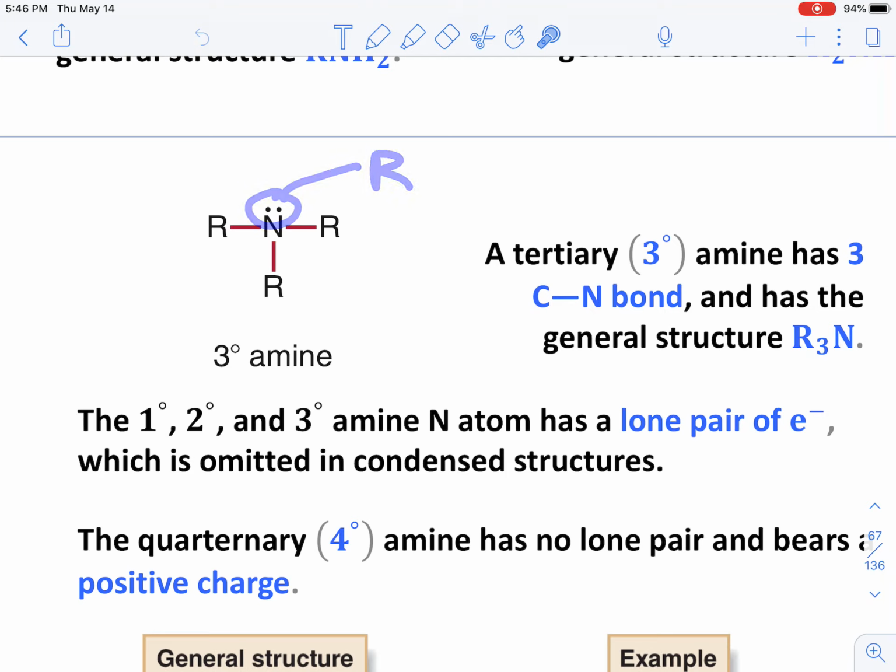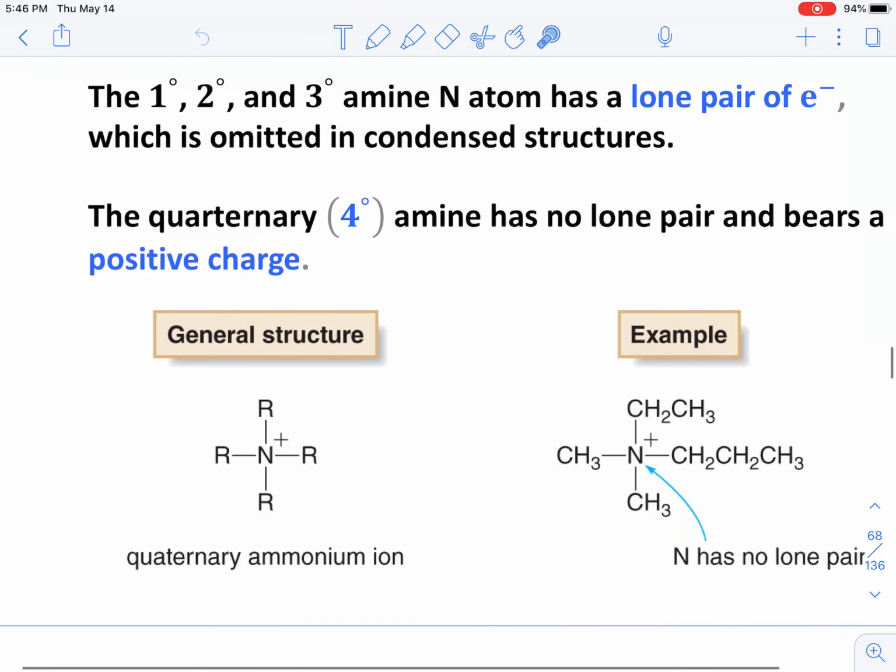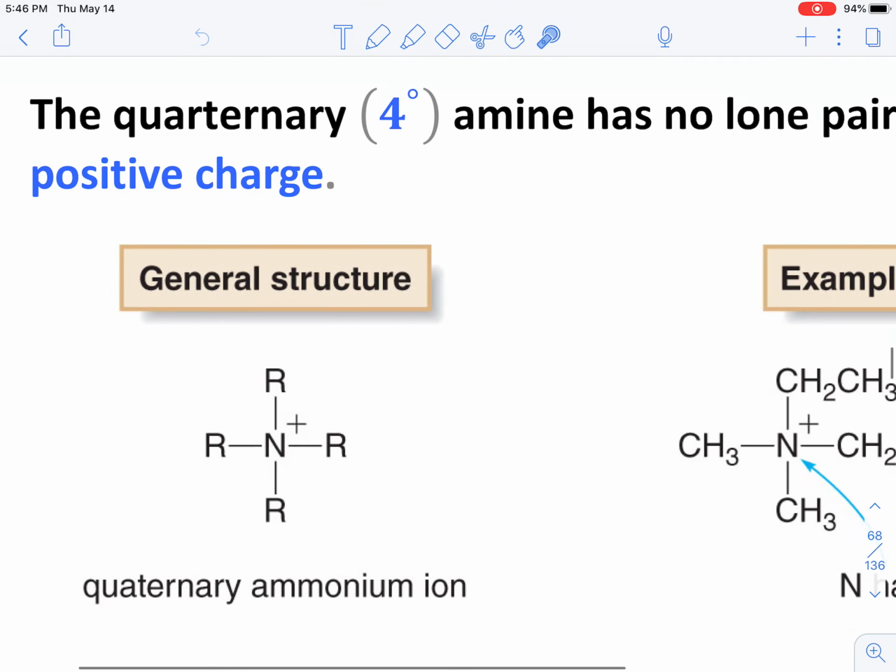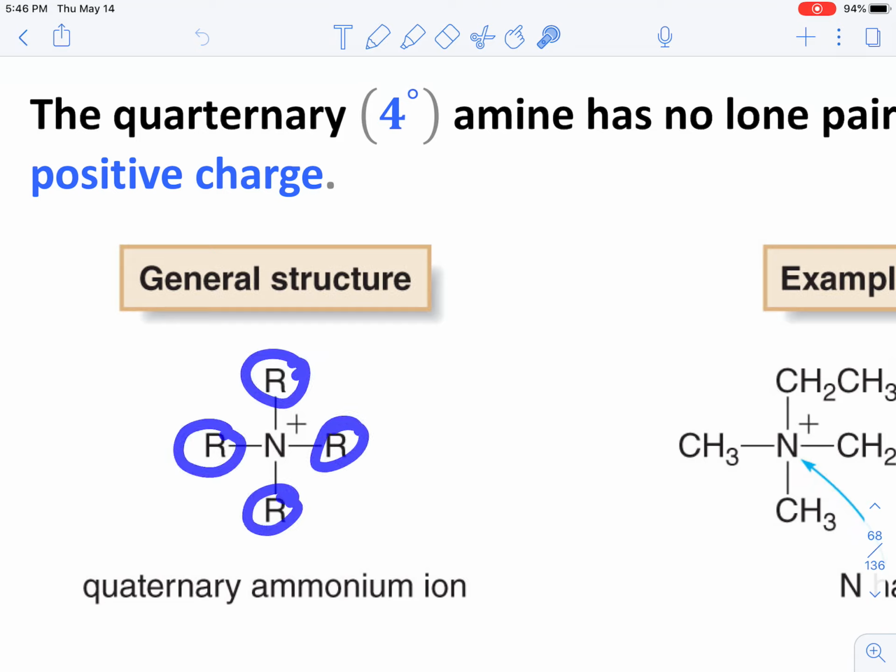Because the nitrogen has to give up one of its electrons to make a covalent bond with an R group, the charge on the central nitrogen changes. If there are 4 alkyl chains, which can be the same or different, covalently bonded to this central nitrogen, then the formal charge of that central nitrogen is going to be positive.